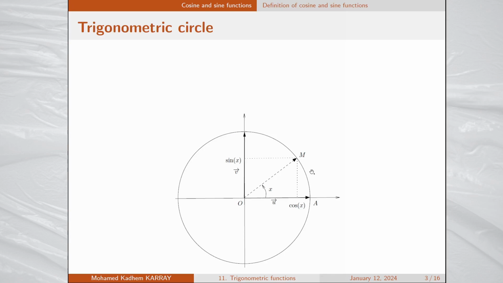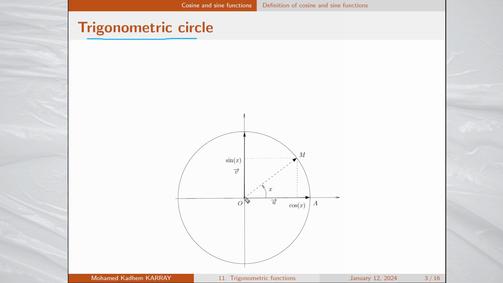Before giving the definition of cosine and sine function, I present what is called the trigonometric circle. So consider the plane with an orthonormal frame here, O, U, V. U is the vector on the abscissa axis and V is the vector on the ordinate axis.